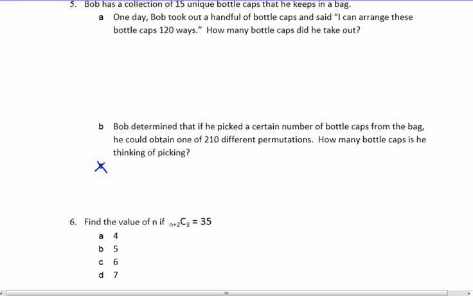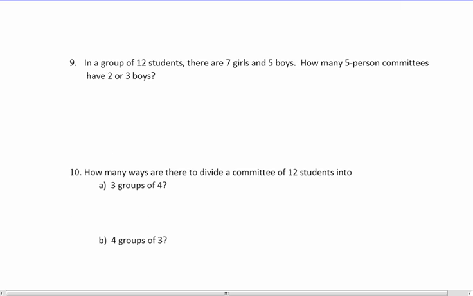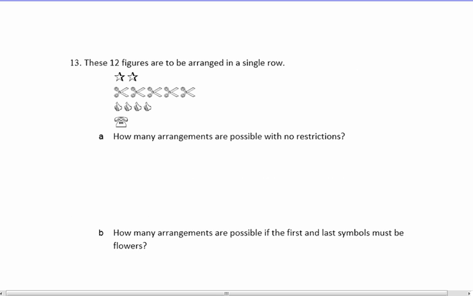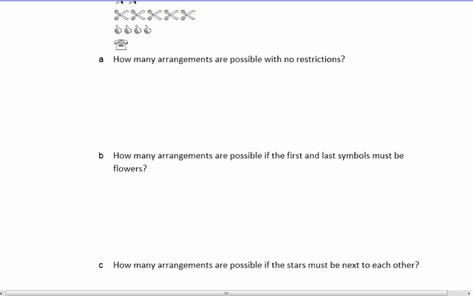I changed the images, and then I forgot to change the questions. You'll see there's stars, scissors, thumbs up, and a phone. And then all of a sudden it says how many arrangements are possible if the first and last must be a flower. So that is the scissors. Can you change that to scissors?